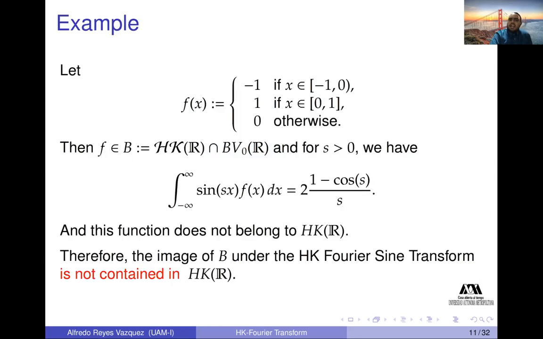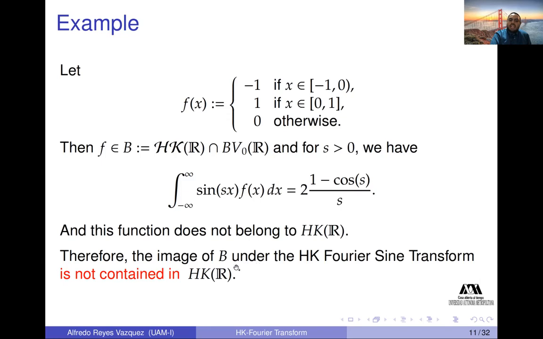Now, an example of a function f that lives in the Henstock-Kurzweil space and in the BV0 space. That's why this integral exists and it is equal to this expression. But as a function of x, it is not a member of the space of Henstock-Kurzweil integrable functions.